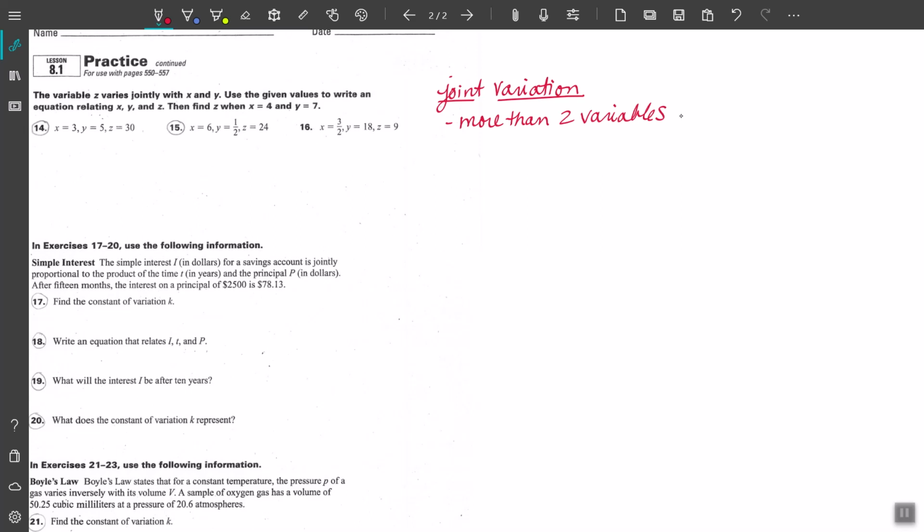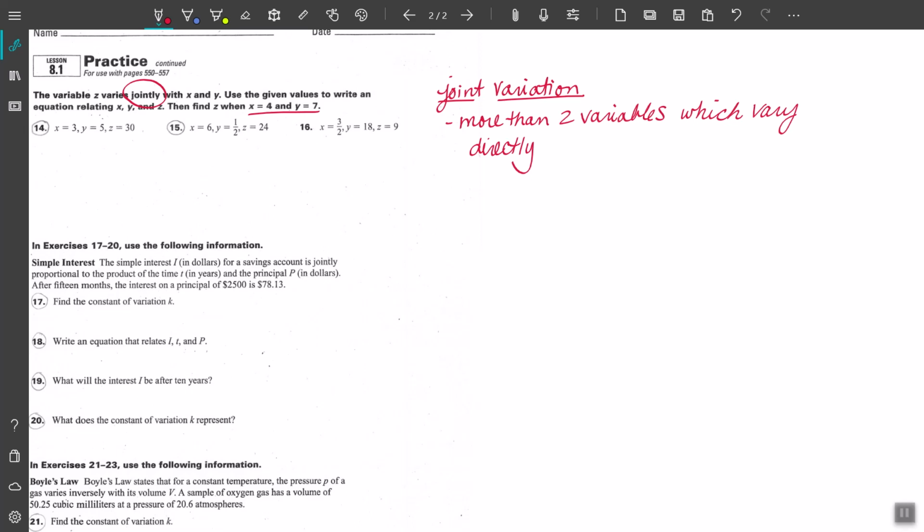In this set of directions, they give us a z, an x, and a y, and tell us that these variables vary jointly, which means they all vary directly with each other. They want us to use the given values to write an equation relating x, y, and z, and then find z when we have x of 4 and y of 7.